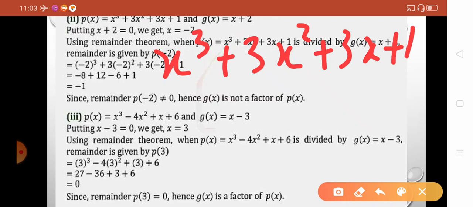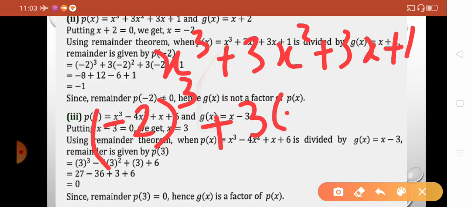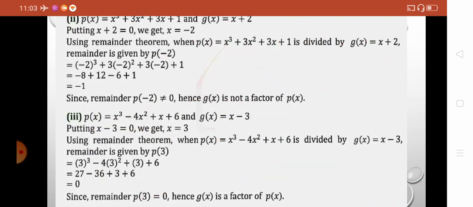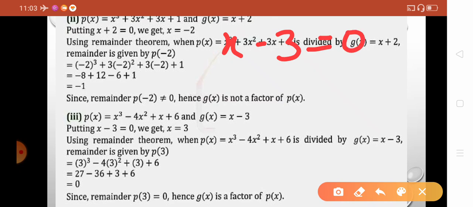We will put the value of x equal to minus 2. So minus 2 cube plus 3 into minus 2 square plus 3 into minus 2 plus 1. Here the answer comes out to be minus 1, that is not equal to 0. That means x plus 2 is not a factor of the given polynomial. For the third part, we are given x minus 3. So we will put it equal to 0. We will get the value of x is equal to 3.